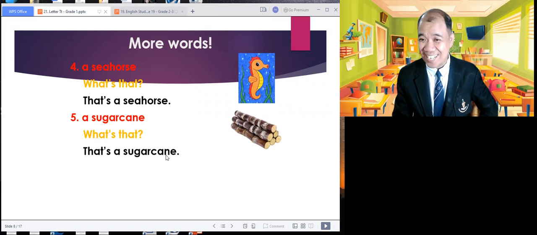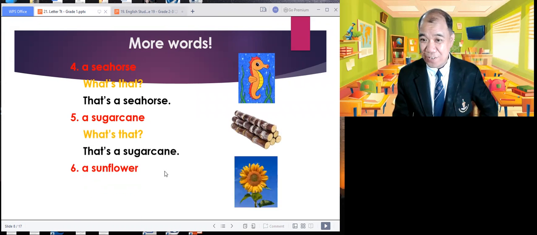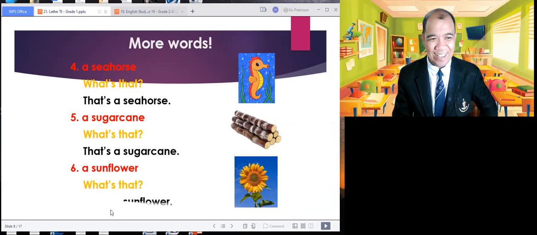That's a sugar cane. A sunflower. What's that? That's a sunflower.